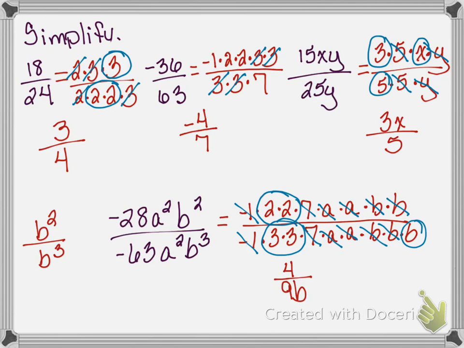Do I have more in the denominator or more in the numerator? Denominator. So that's where it's going to go. You can also think about it as b to the 2 minus 3. That gives me b to the negative 1. And I know we haven't talked a lot about negative exponents, but negative exponents are reciprocals. So that's what that means. But I like to tell students just to think about where the variables that are left over are, and they're left over in the denominator. Okay.